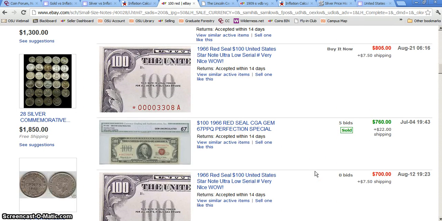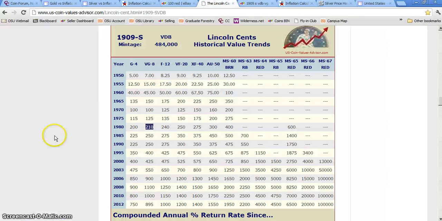Now I want to demonstrate also how this might work with coins, especially rare coins, and even between grades of a particular series. Let's use the 1909 SVDB as an example, as an investment in a rare coin.